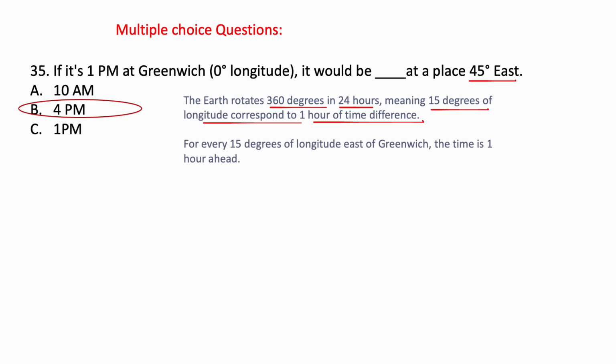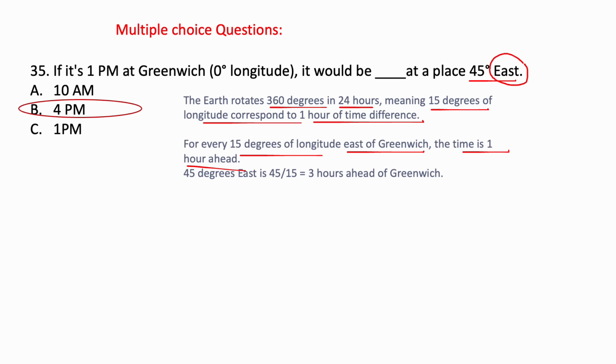See, for every 15 degrees of longitude east of Greenwich, the time is 1 hour ahead. Here it is east. So, time is ahead. So, 45 degrees east is 45 by 15, that is 3 hours ahead of Greenwich.